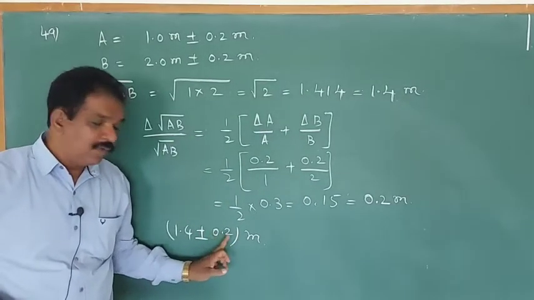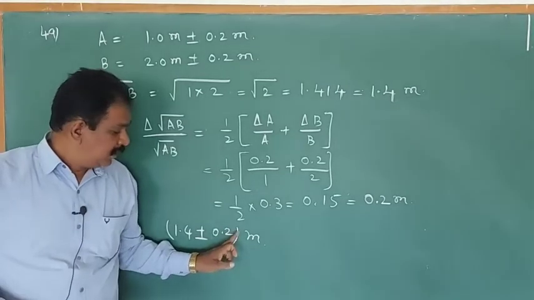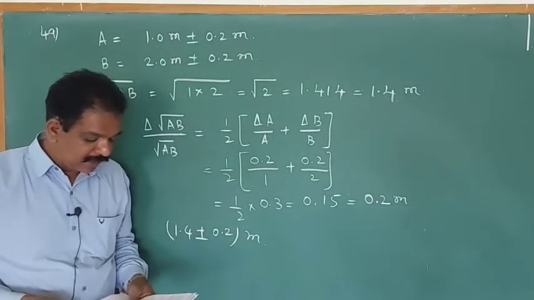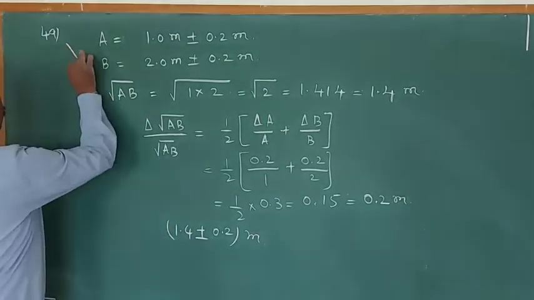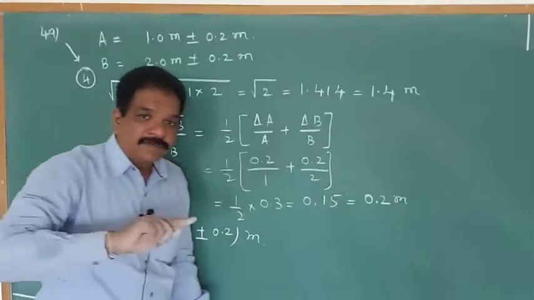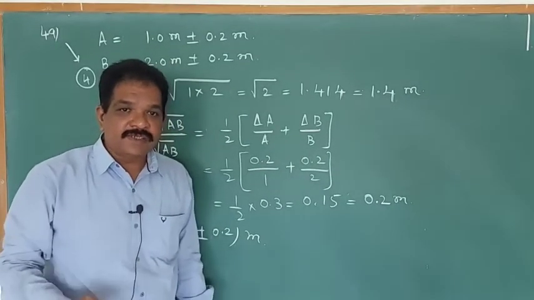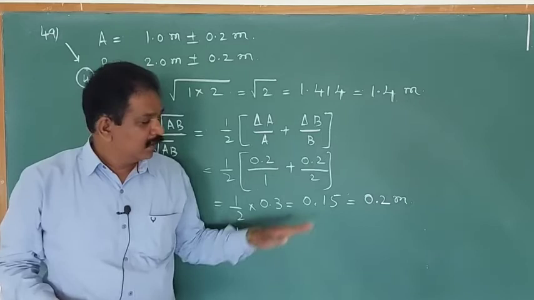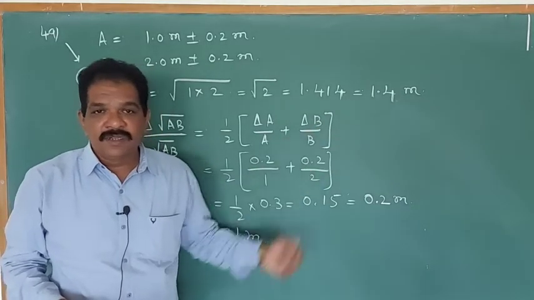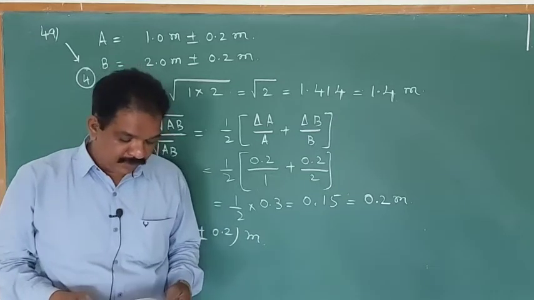So 1.4 plus or minus 0.2 meter. So what will be the correct option? Q49, it will be 4. Okay. Spend more time to understand this errors concept. Definitely this will be easy only by doing some problems. Definitely you will get an idea about it.